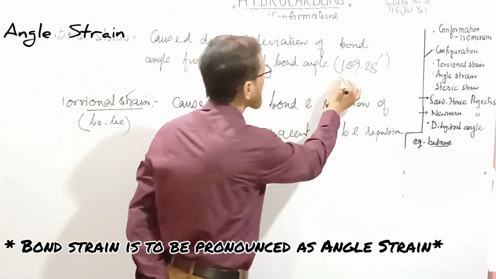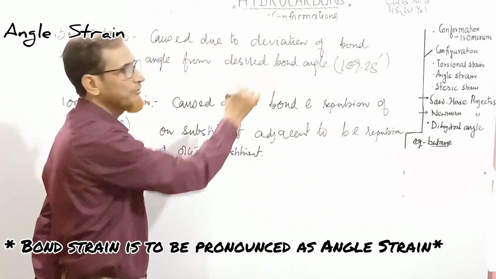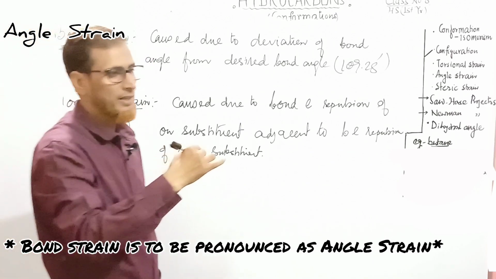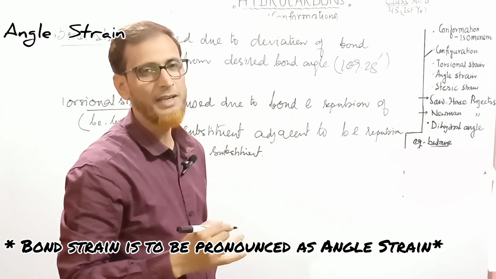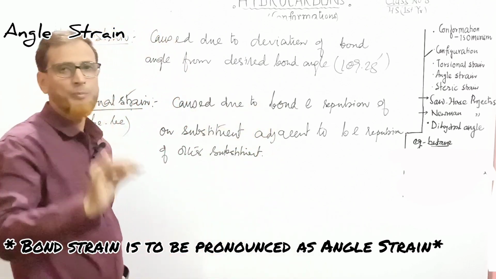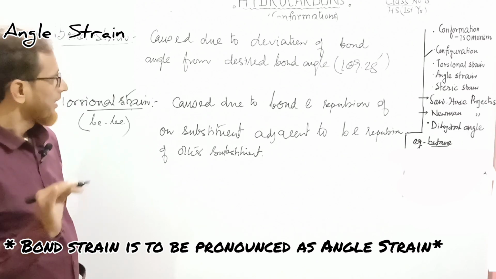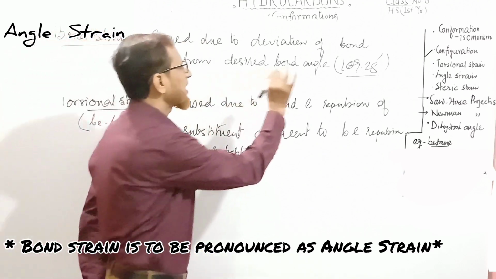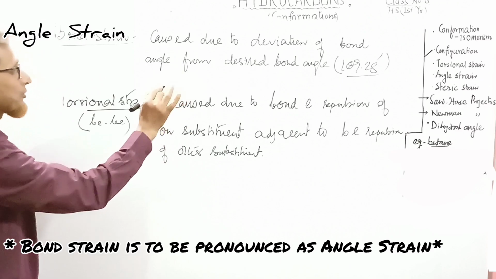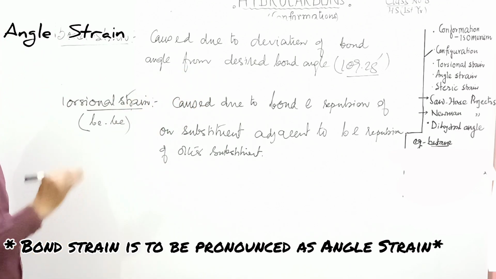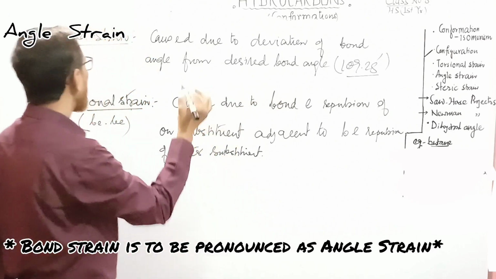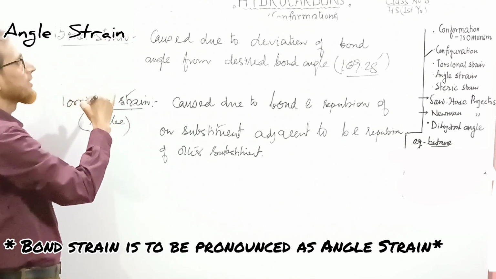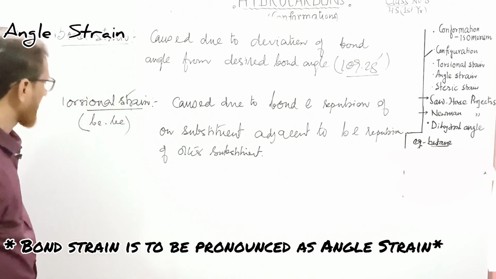When the bonds are arranged at 109.28 degrees in tetrahedral fashion, the bond angles are as far apart from each other as possible, and this avoids further bond pair repulsion or other repulsion. So this is the ideal bond angle where repulsion is minimum, that is the desired angle. When the bond angle deviates from this one, that deviation causes a strain, and that strain is called bond strain.